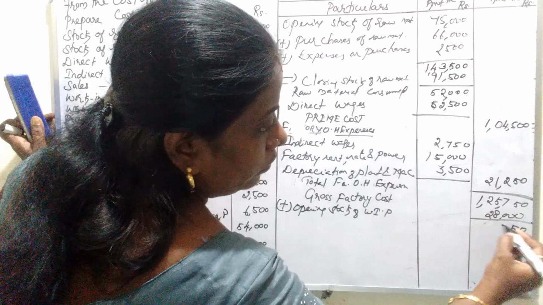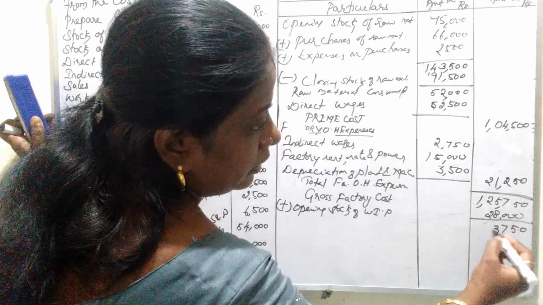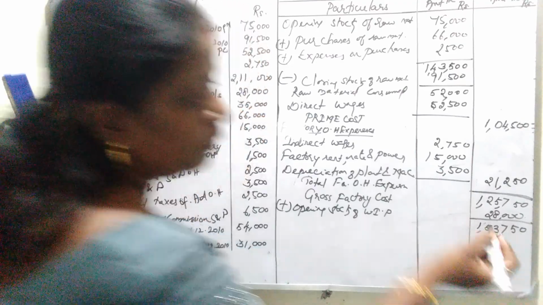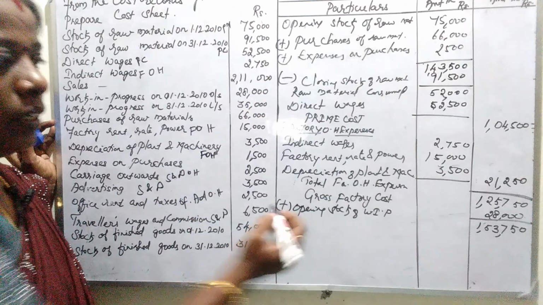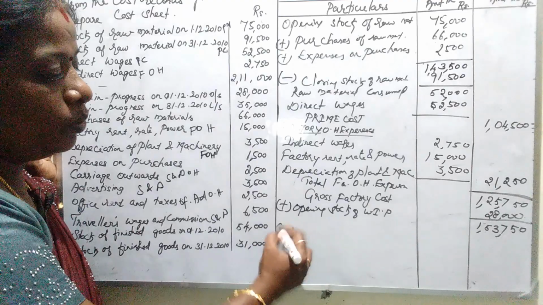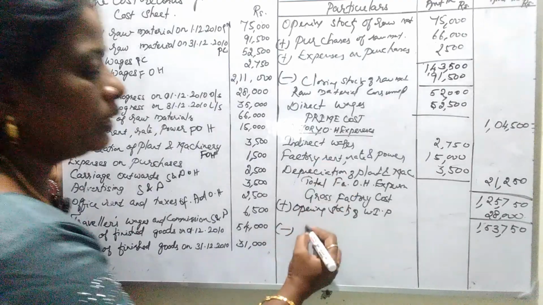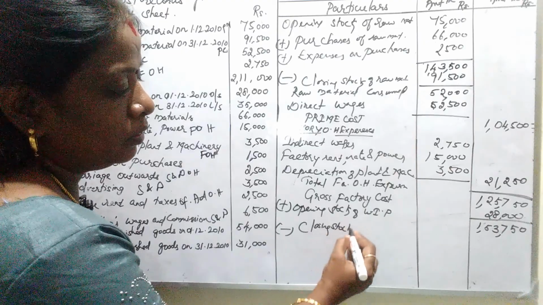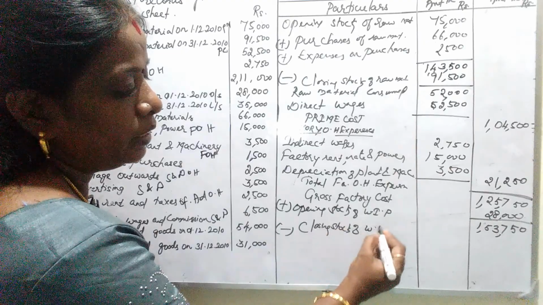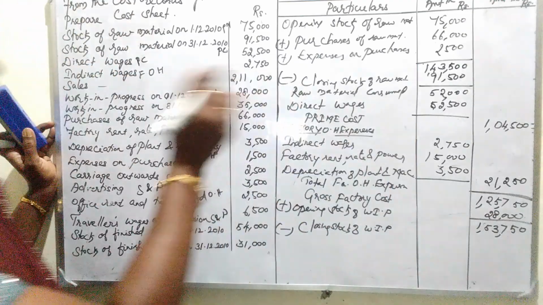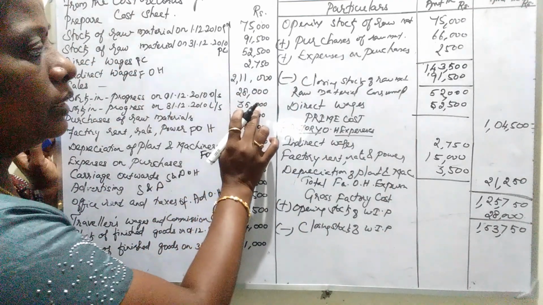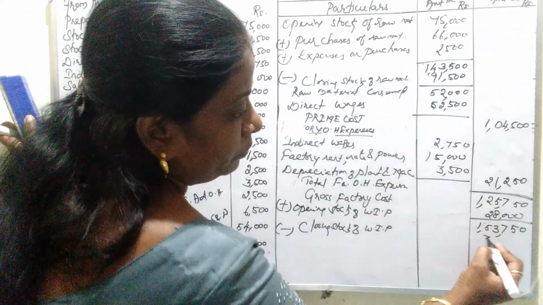Total 1,53,750. Next we have to deduct the closing stock of work in progress. The closing stock of work in progress value is 35,000.